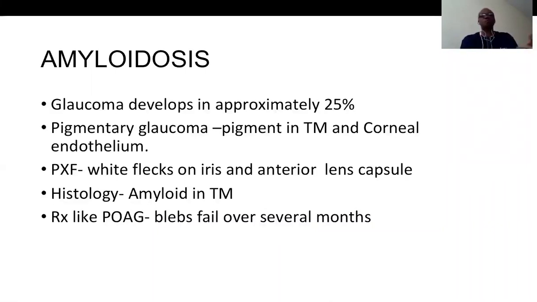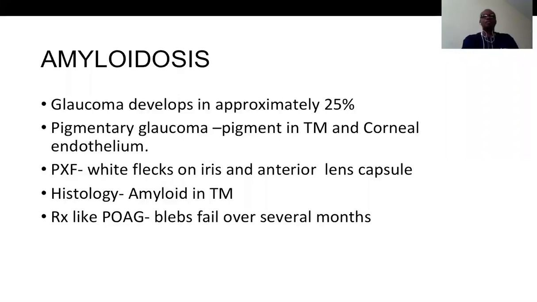Some may present with white flecks on the iris or on the anterior lens capsule, mimicking pseudoexfoliation glaucoma. But the clincher in amyloidosis will be histologic examination, in which amyloid is found in the trabecular meshwork.